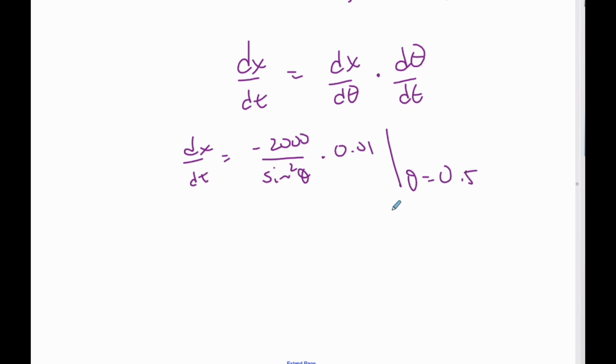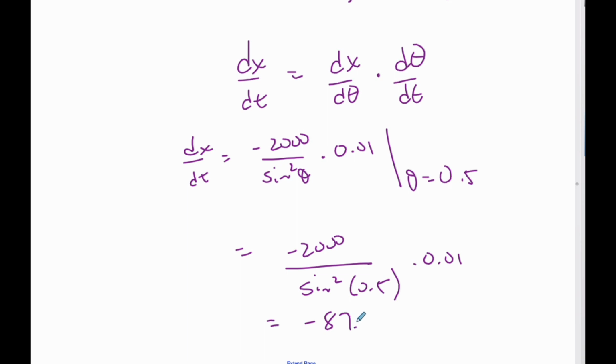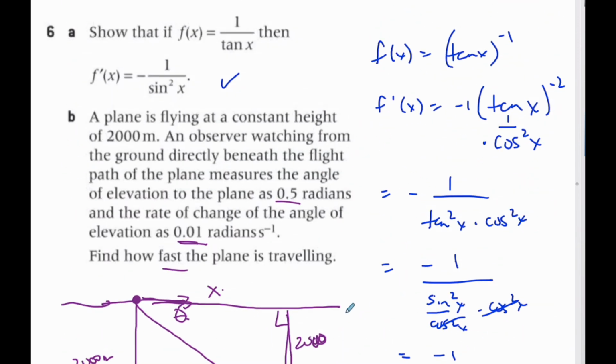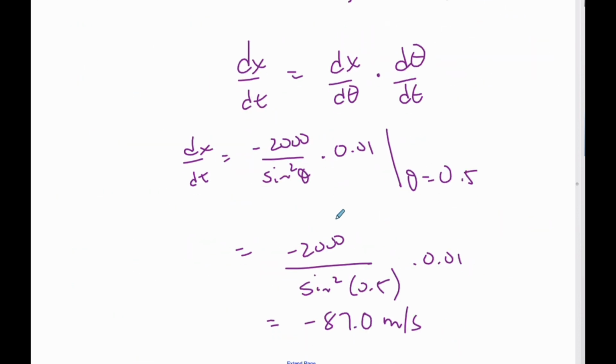So it's negative 2,000 over sine squared of 0.5 times 0.01. Throw that in my calculator and I get negative 87.0. This is meters per second, if I'm not mistaken, does it say? Yes, because it's in meters, so it's in meters per second.